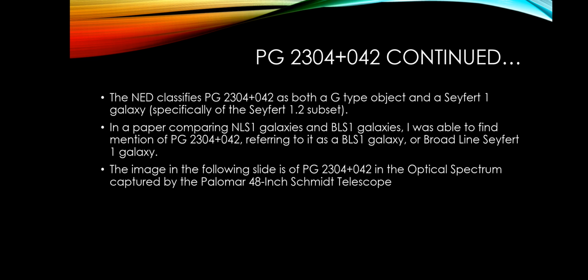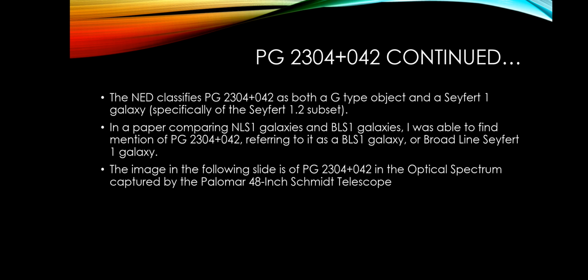The NED classifies our source, PG 2304+042, as both a G-type object and a Seyfert-1 galaxy, specifically of the Seyfert 1.2 subset. In a paper comparing NLS-1 galaxies, or narrow-line Seyfert-1 galaxies, and BLS-1 galaxies, or broad-line Seyfert-1 galaxies, I was able to find mention of PG 2304+042, referring to it as a broad-line Seyfert-1 galaxy.